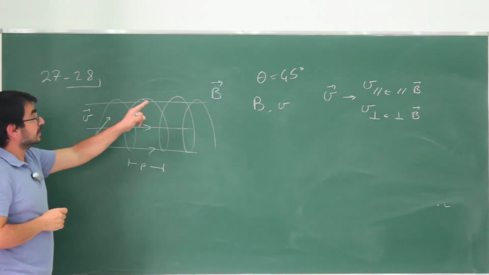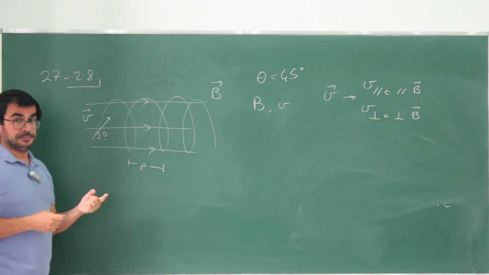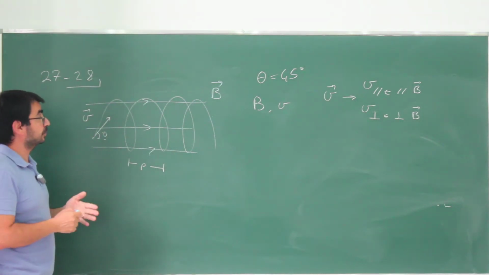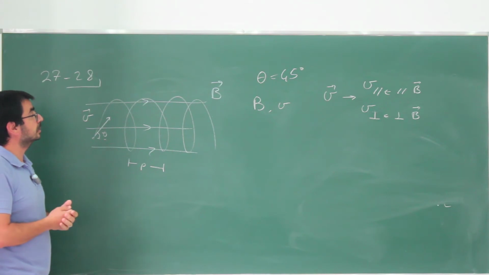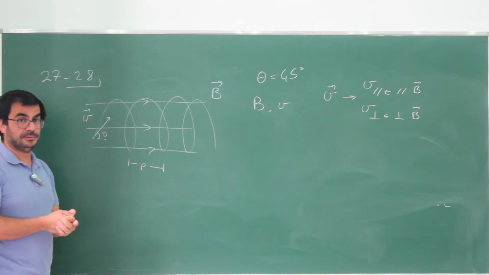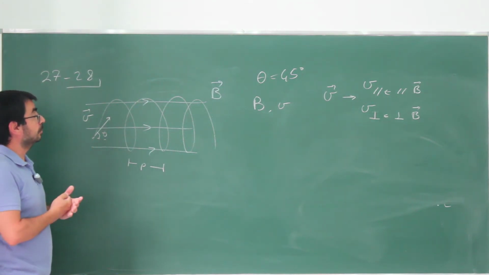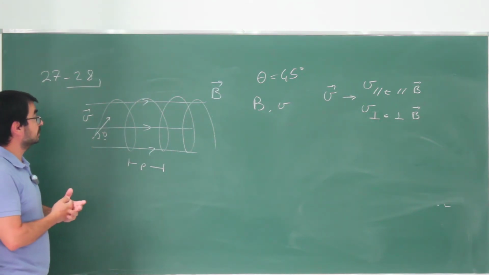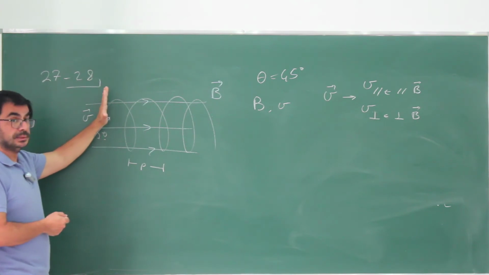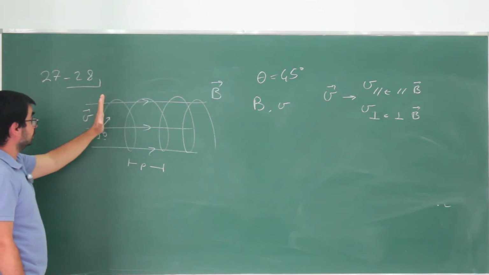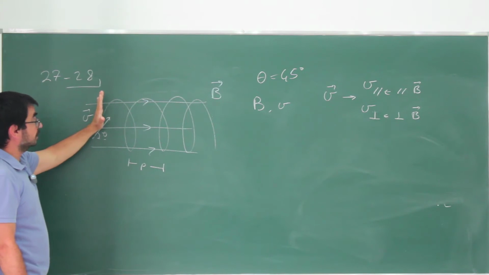Because this magnetic field is going to apply a force, right? And this force, the direction, the magnitude, depends on a lot of things, but it is going to be perpendicular to the magnetic field itself. A magnetic force is always going to be perpendicular to the magnetic field itself, which means that it has to be in the plane that's perpendicular to the plane of this blackboard. So it's going to be something in a plane that's perpendicular to the magnetic field, right?